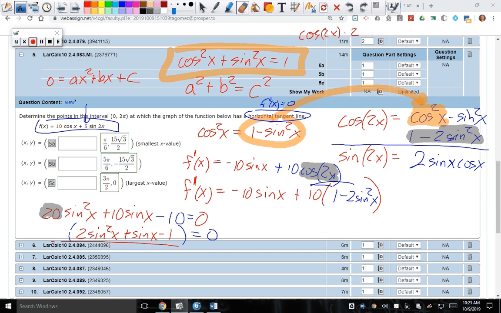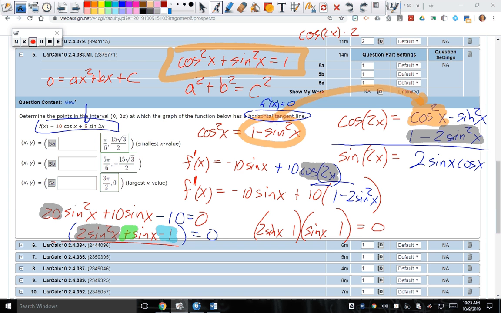Okay? So 2 binomials. And the first 2 will multiply to get 2 sine squared. That means one is 2 sine and the other one is sine. The last 2 will multiply to get a negative 1. Now I just got to watch where I put my signs. Because ultimately I want to end up with a positive 1 in the middle.